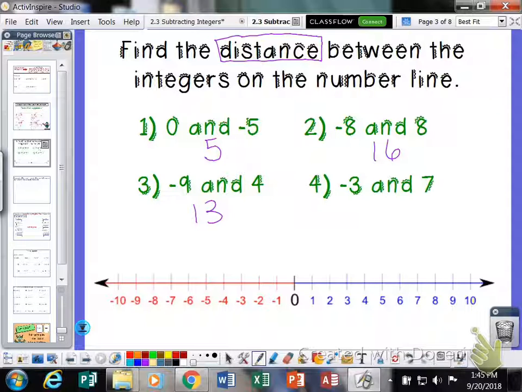Put my finger at -3 and at +7. So again, if I count 1, 2, 3, so that's 3 to 0. From 0 to 7 on the number line is 7. So together it's 10 units. So that's how we can do that problem. So you don't have to draw on it. You can use your finger and move it.